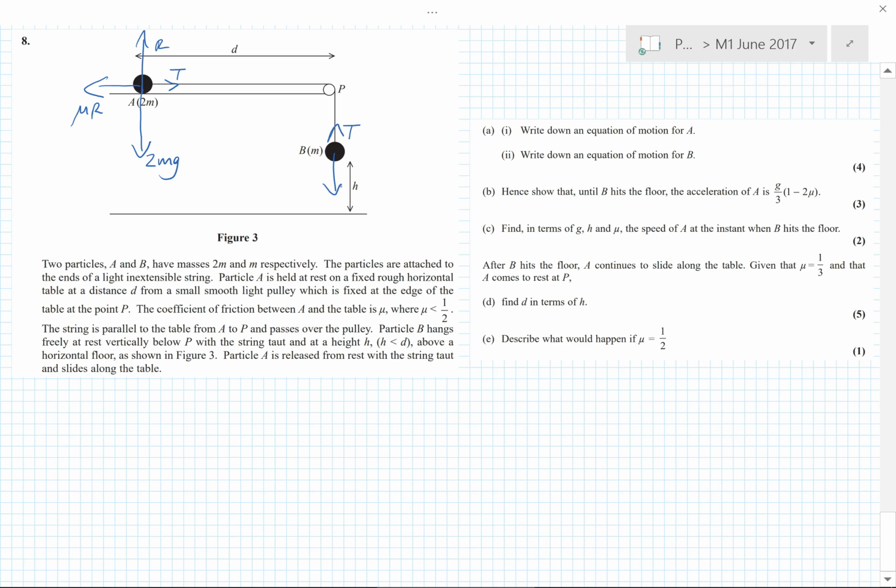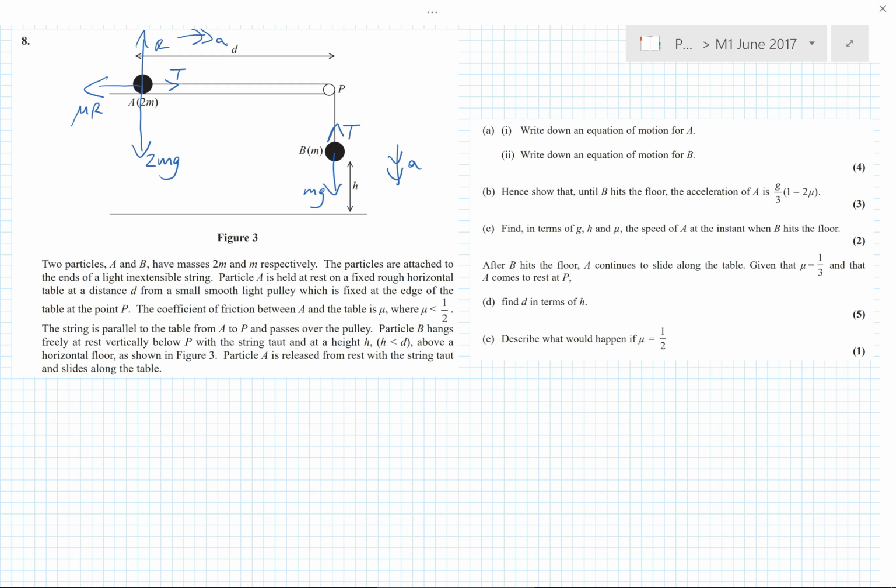Got T there, we've got mg here, and we know that it's accelerating downwards. It couldn't do anything else. It was either going to stay stationary or accelerate downwards like that. We're told that it moves in that direction.